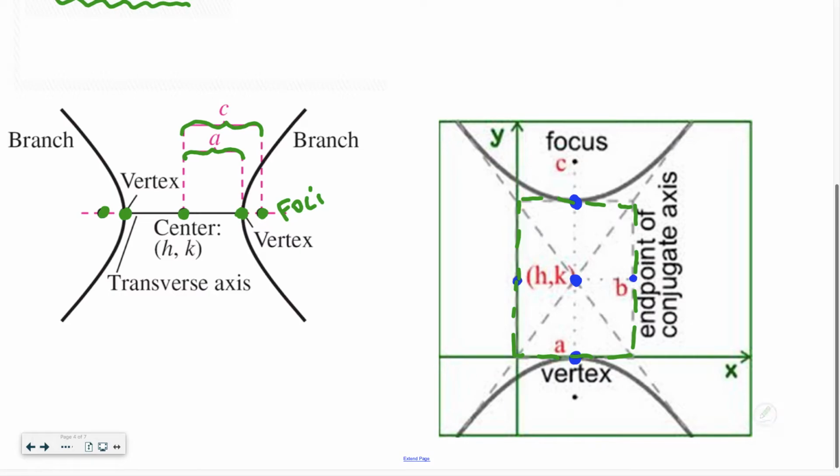And what is going to happen is your asymptotes will go through the center and through the corners of this rectangle that you lightly drew. And that is how we are going to get our asymptotes.